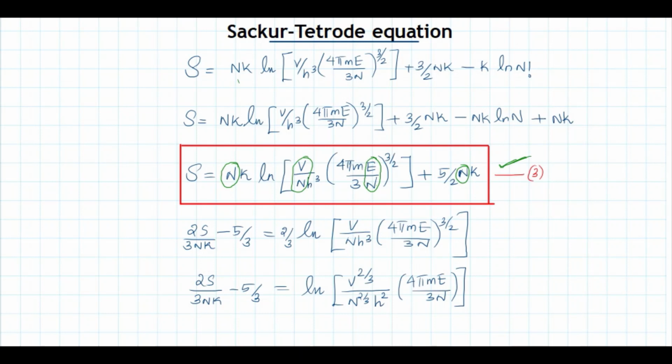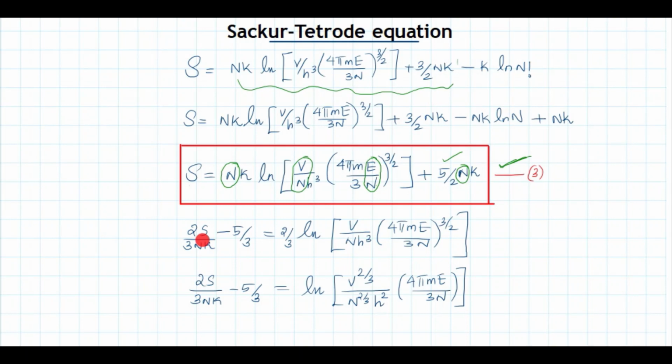But if you use this relation without this k log n factorial, that will not be an extensive quantity. So our problems are solved, and this equation for entropy is called the Sackur-Tetrode equation. Now you can invert this equation for obtaining an expression for energy. You multiply this equation by 2 by 3 and divide by nk.